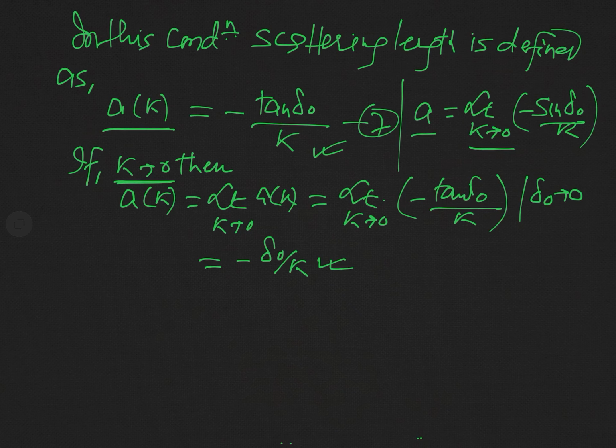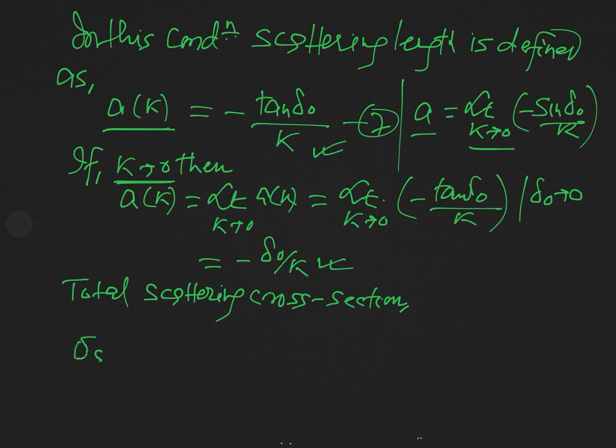And now in this condition, when we consider the scattering length is energy dependent or it is a function of k, in that condition, what will be the total scattering cross section? We can calculate. So, total scattering cross section.